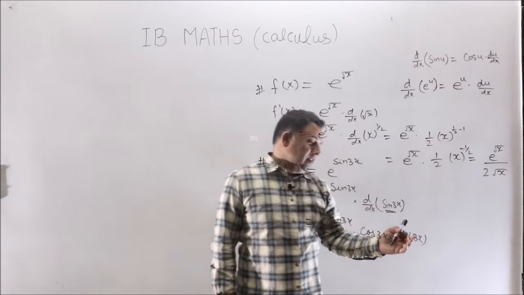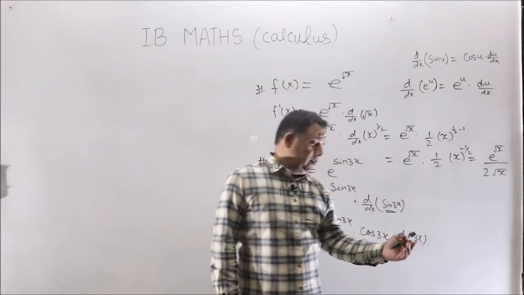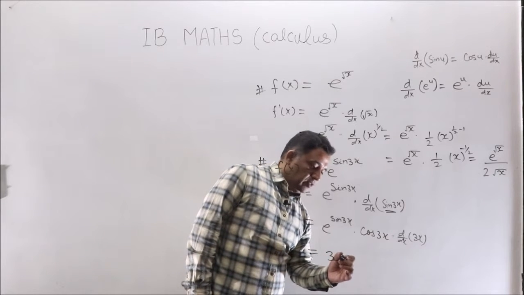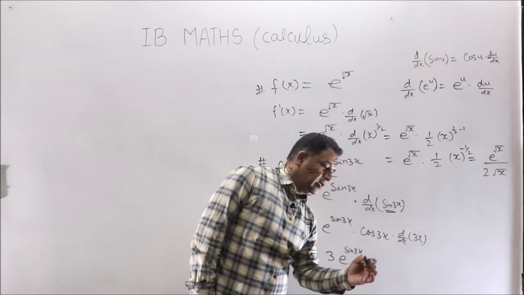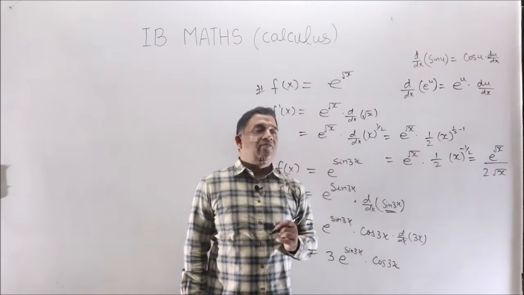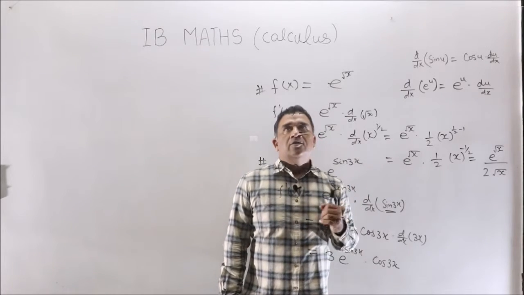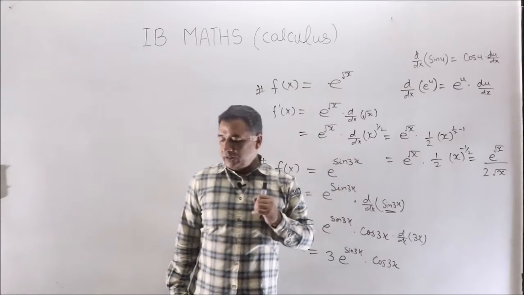And the derivative of 3x is nothing but 3 times 1. So this is 3. So we could be writing here 3 times e raised to power sine 3x times cos 3x. So this is the derivative of e raised to power sine 3x based on this formula. So these are the two questions which we have done on the basis of exponential functions.